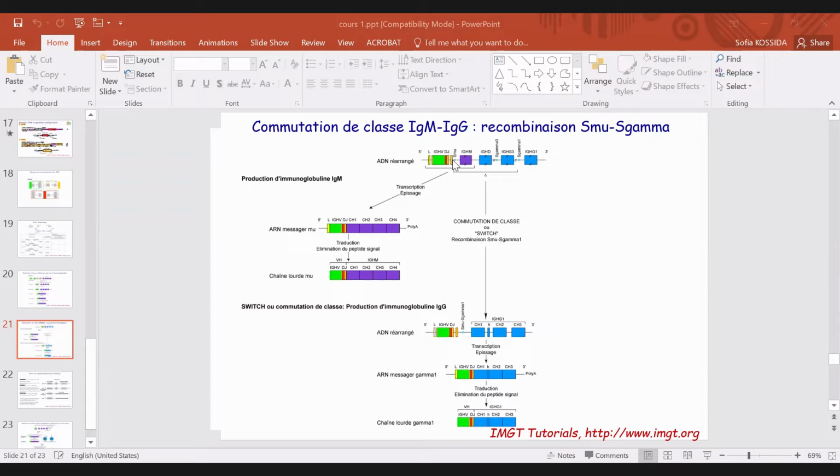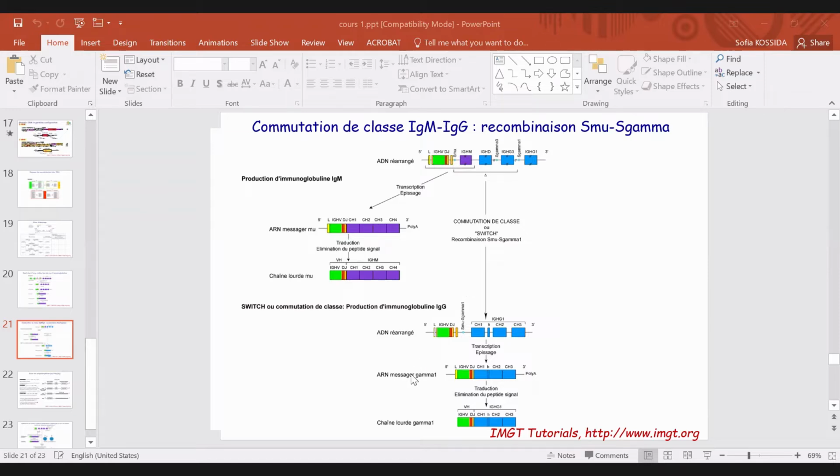If there is a recombination with this S gamma 1, all this part here will be eliminated, excised, taken away. And we will be left with this IGHG1, this part here. And you see here, S mu, S gamma 1.